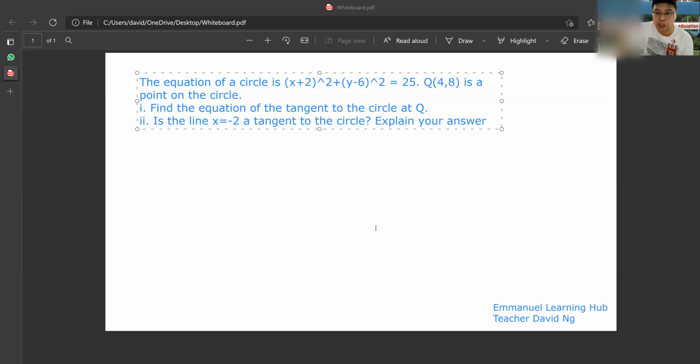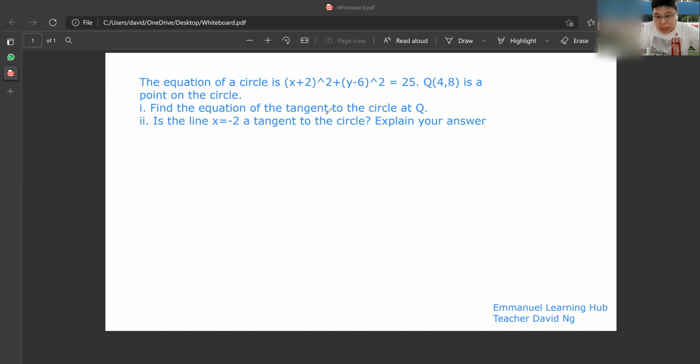This is a typical exam question, asking you to explain. Okay, you ready? The equation of a circle, they give you. And they tell you this point is a point on the circle.